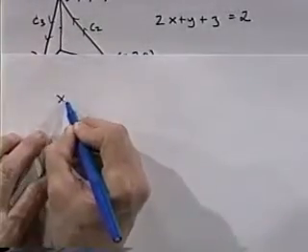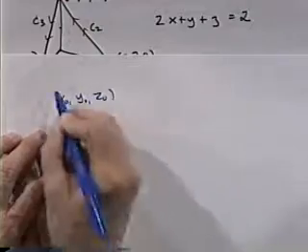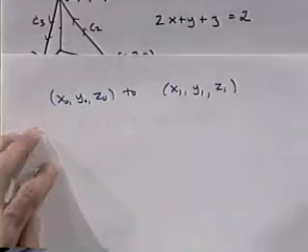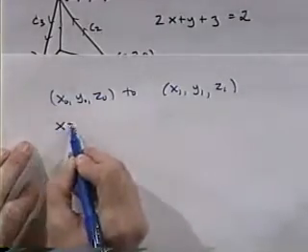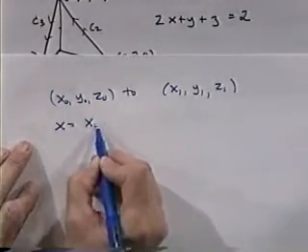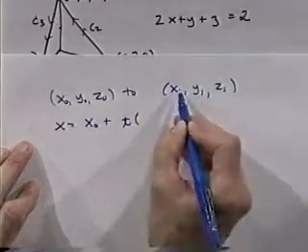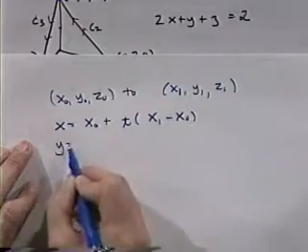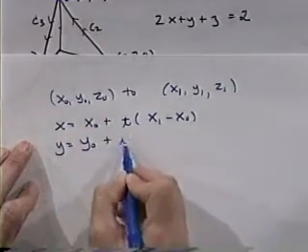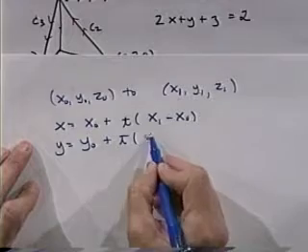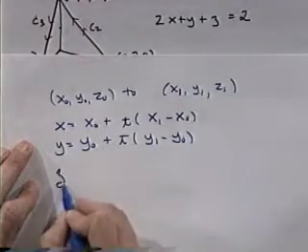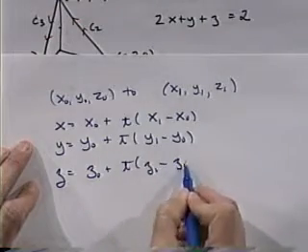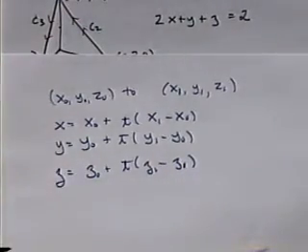If you're going from x naught, y naught, z naught to, let's say, x1, y1, z1, and you wanted to do it parametrically, your x is going to be your first point plus t times final minus initial. Your y is going to be your first point, y naught, plus t times final minus initial. And your z is z naught plus t times final minus initial. And that would be your parametric representation.